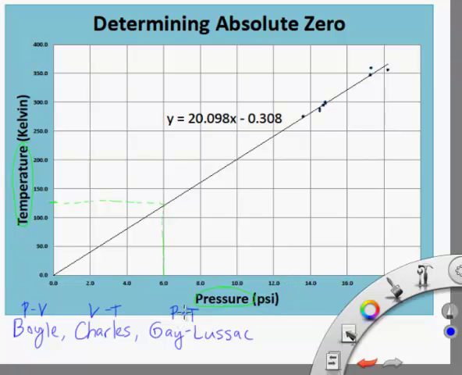And a little side note, what is the relationship between pressure and temperature according to Gay-Lussac's law, according to the data collected by the classes? What is the relationship between your variables?